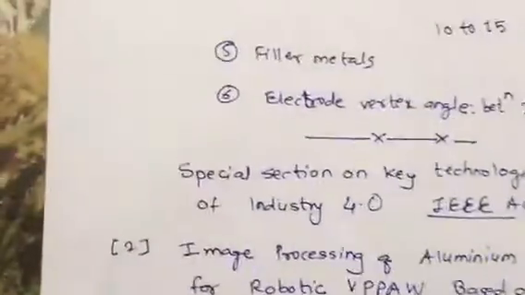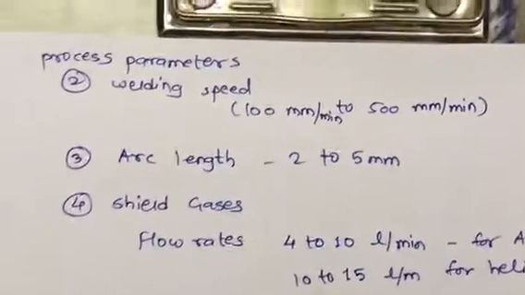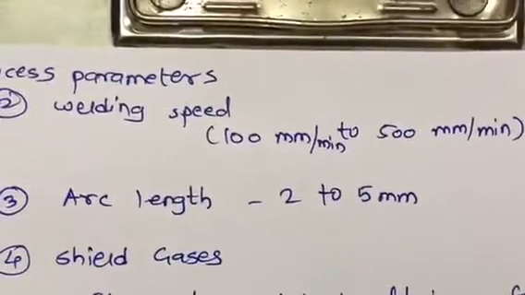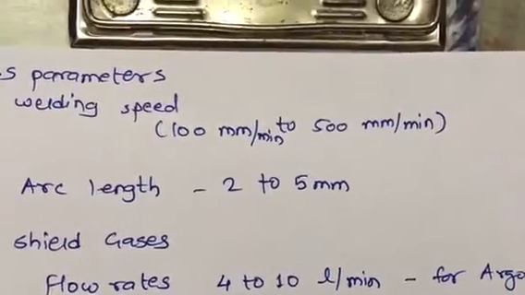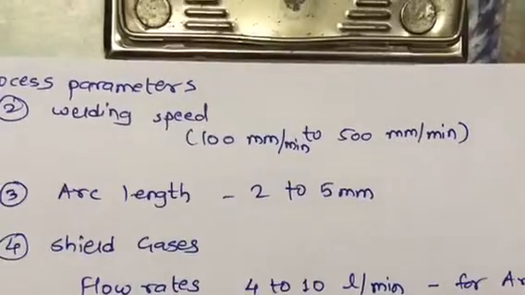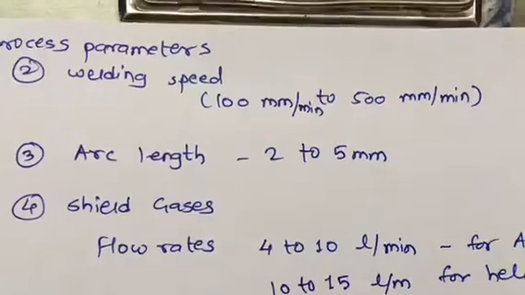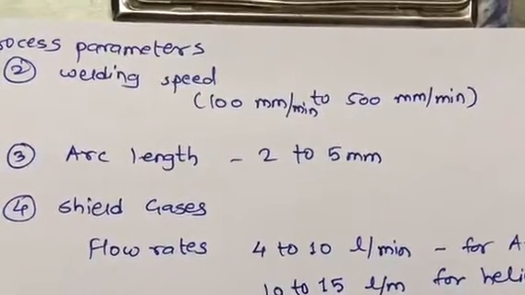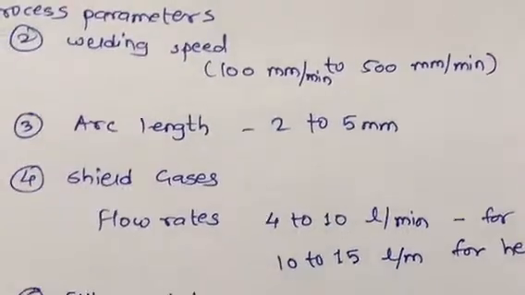Now let us look at the process parameters. First one was current, second one is welding speed. The welding speed may range from 100 millimeters per minute to 500 millimeters per minute, or it may be different depending upon application. The third process parameter is arc length. It could be 2 to 5 millimeter or different in case of different applications.